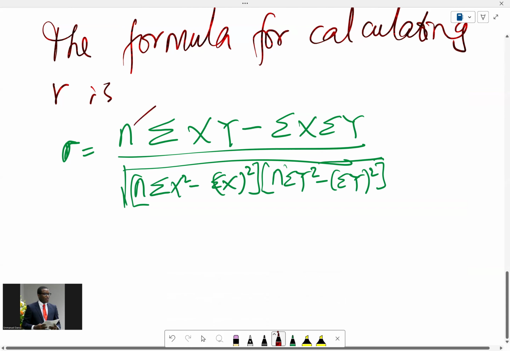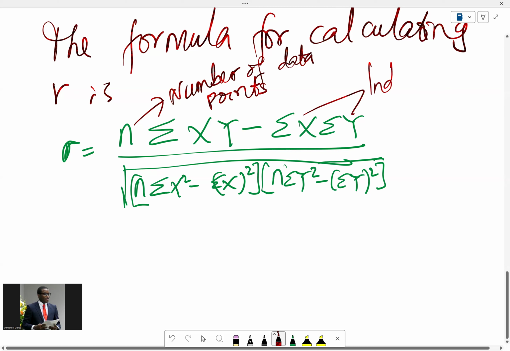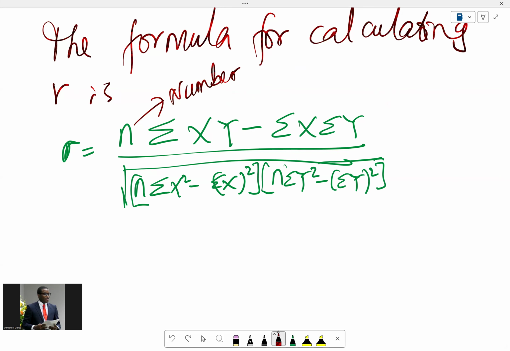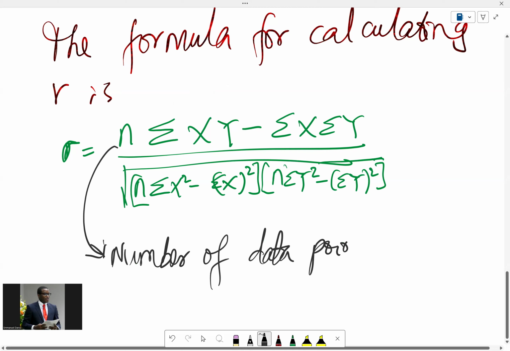Here, N is the number of data points, which will be in pairs as we expect.